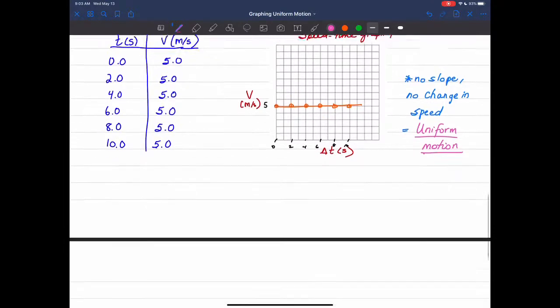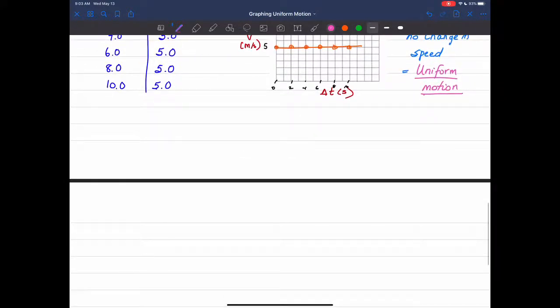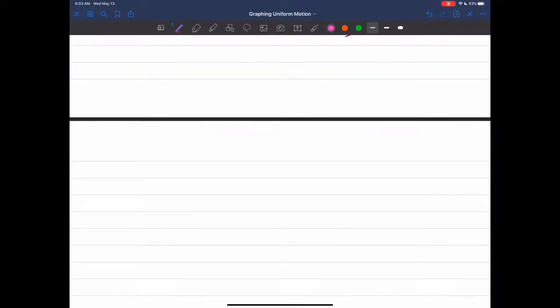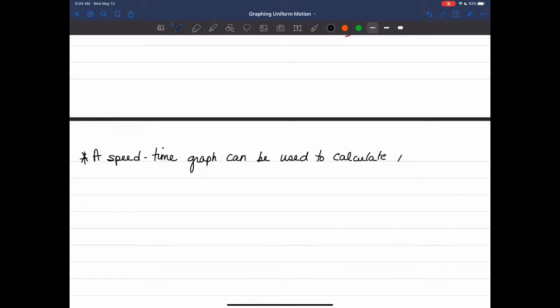Now, what can we use a speed time graph for? So a speed time graph can be used to calculate the total distance traveled by the object.